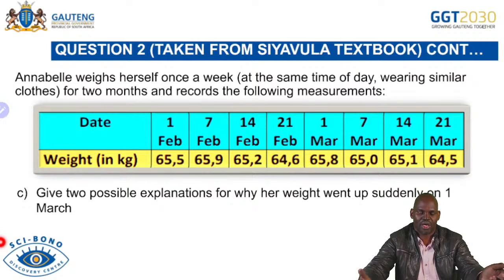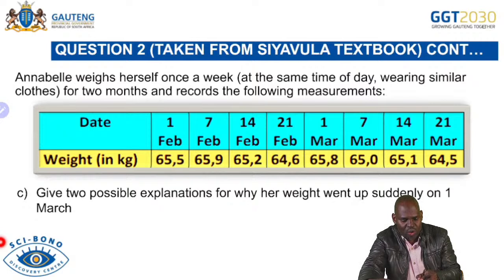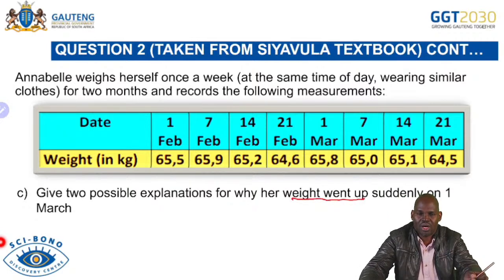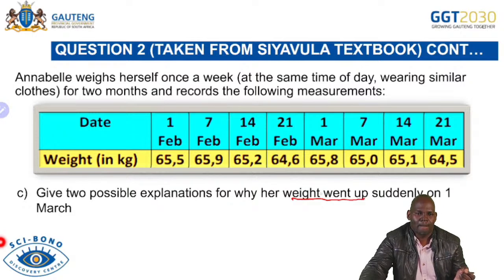Very, very important. So obviously, when they say why the weight went up, there should be something that comes into your mind. Okay, and then if it makes sense, you just write it down. So in this case, there could be many possible reasons.